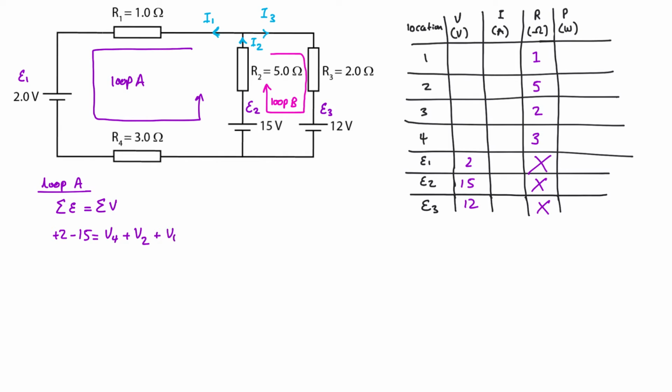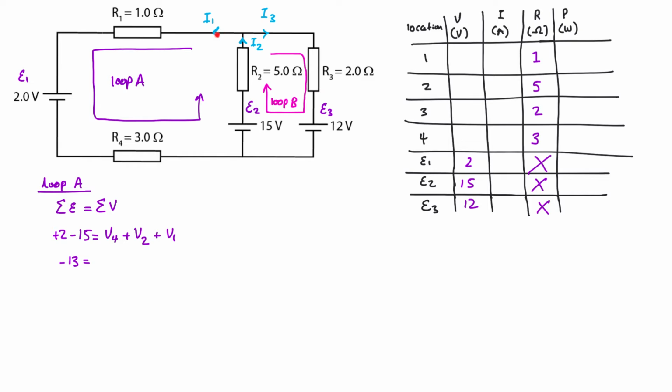Now, for the next step, we are going to turn our voltages or potential differences into I times R. On the left-hand side, 2 plus negative 15 is just negative 13, so I'll leave it like this. For V4, I'm going through this loop here, and I now have to look at my current and my resistor.